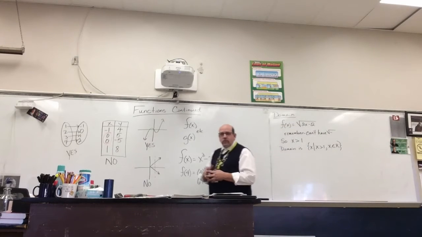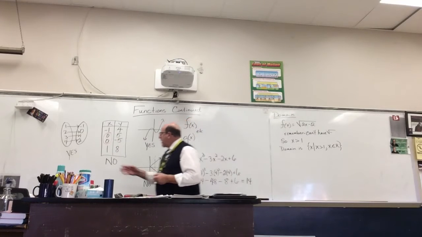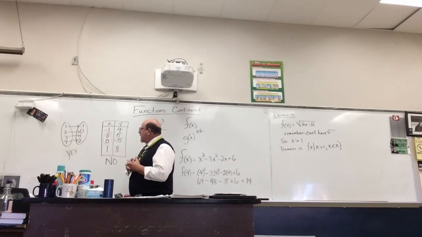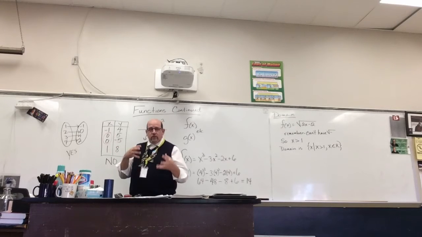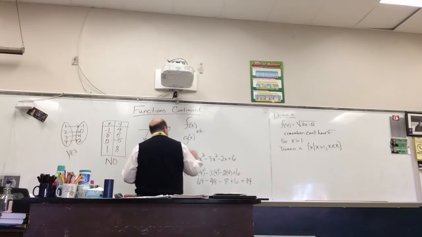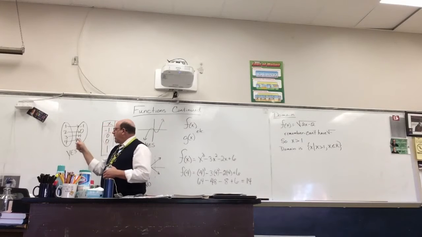All right, so just to remind you, a function is a relation. It's a comparison, comparing one set to another set after something happens to it, some sort of mathematics, some sort of function that's given there. This is one set, and each member of the set compares to only one other value.